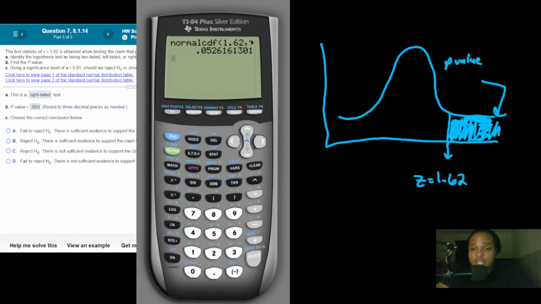Simple. If you're using a calculator, all you have to worry about is if your p-value is less than your significance level.